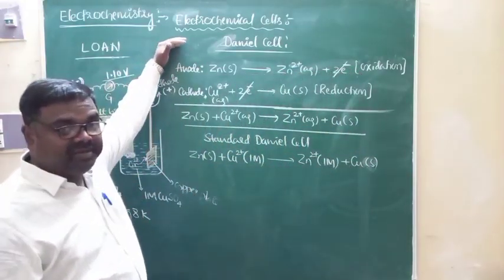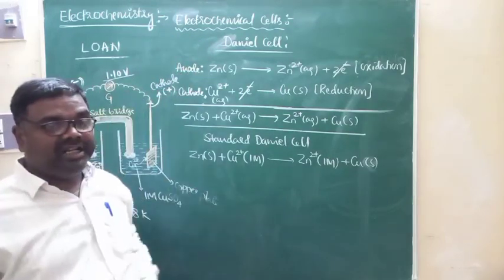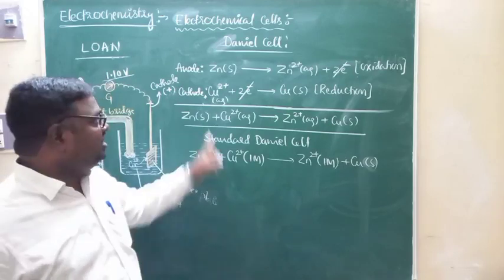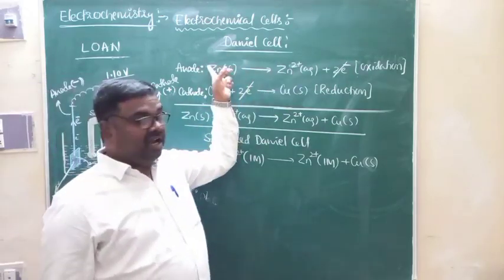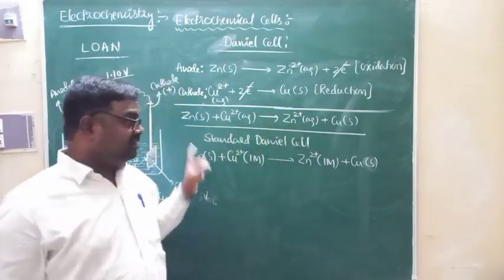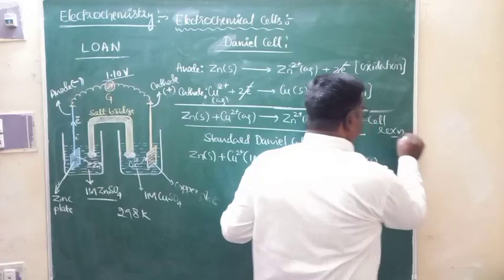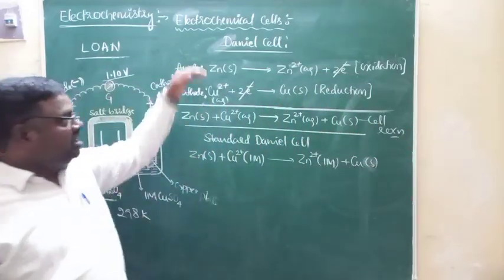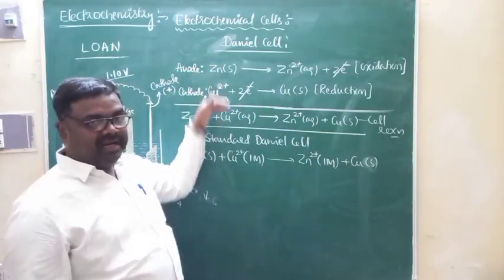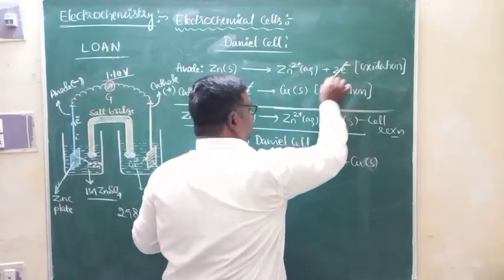As for the Daniell cell, the question you can expect is: write the half cell reactions that are taking place at anode and cathode of Daniell cell. This is the half cell reaction at anode, this is the half cell reaction at cathode, and this is the overall cell reaction. When two electrode reactions are added, common terms in opposite directions will be cancelled.